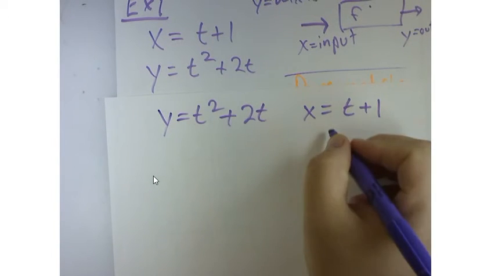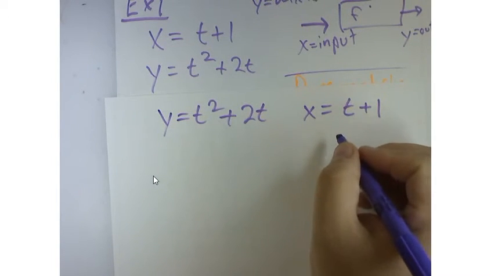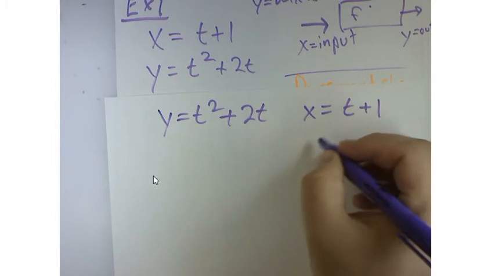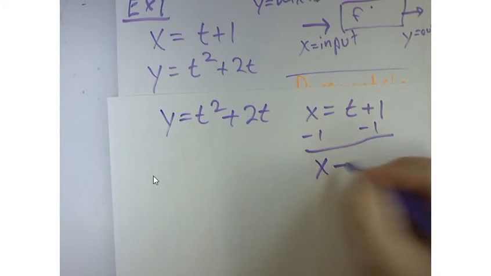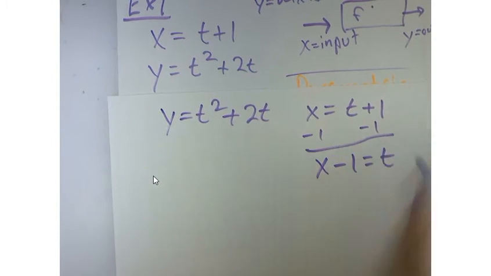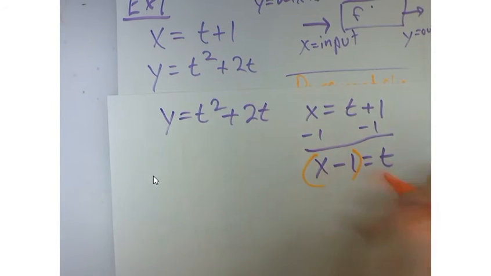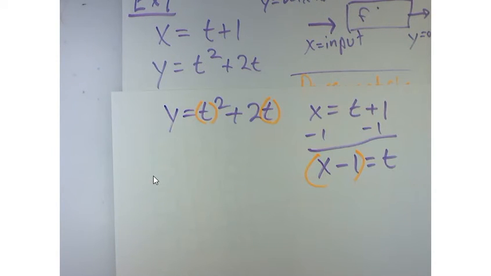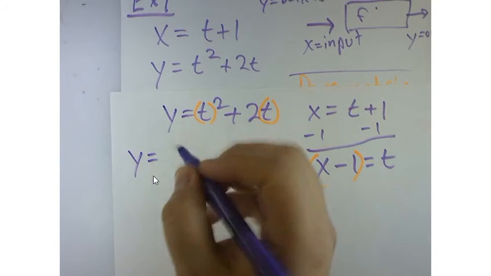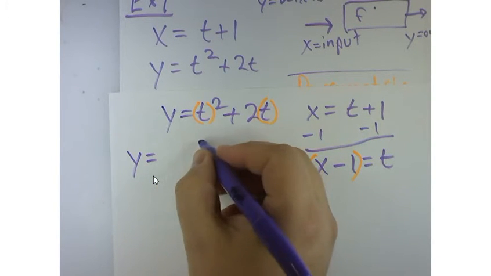What I'm going to do is I'm going to plug one equation into the other. I'm going to take this equation and solve for t by subtracting 1 from both sides, and I get x minus 1 equals t. So what I'm going to do is I'm going to take this and plug it into my y equation wherever there's a t. Does that make sense?